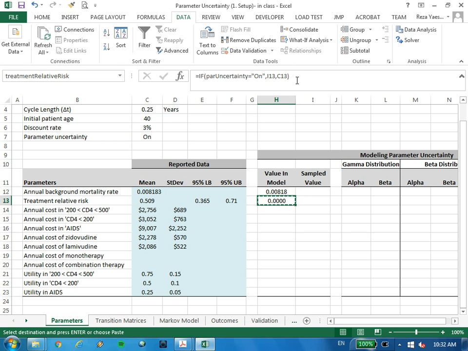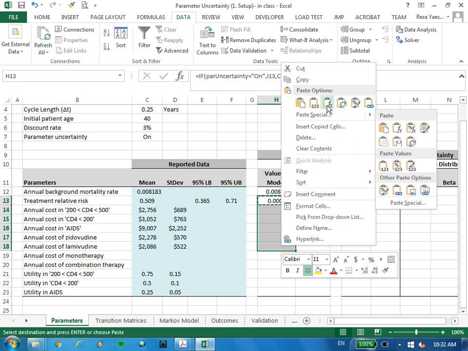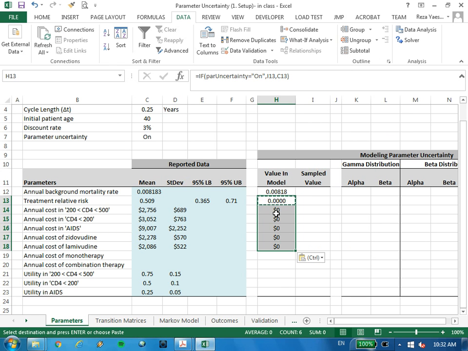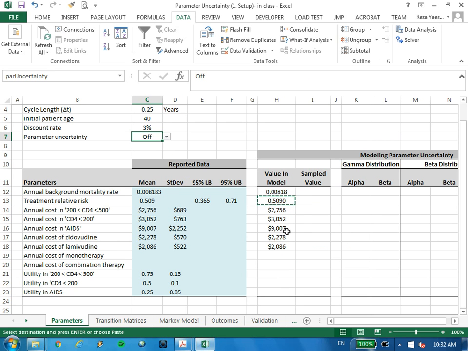So we can copy and paste it down to here, because for all of them we have a significant uncertainty around the estimates. So I want to be able to use the sampled value. So if I turn it off, then I'm going to use the mean reported in the data in the model.